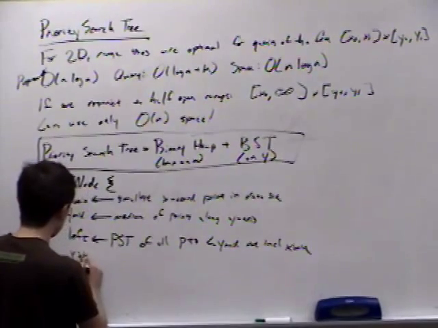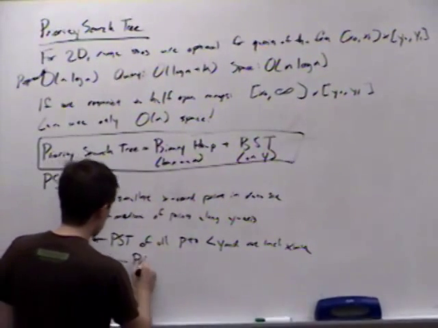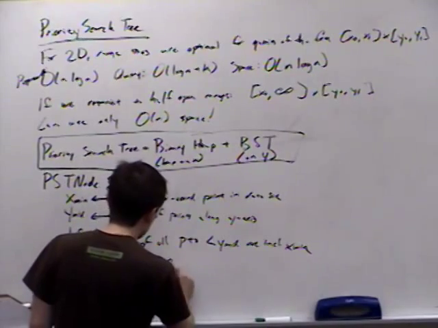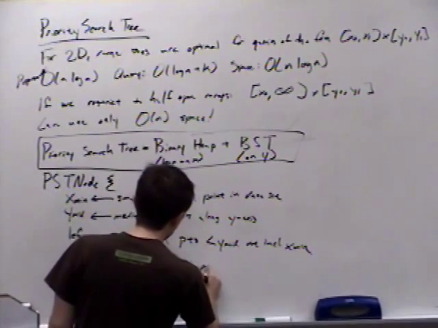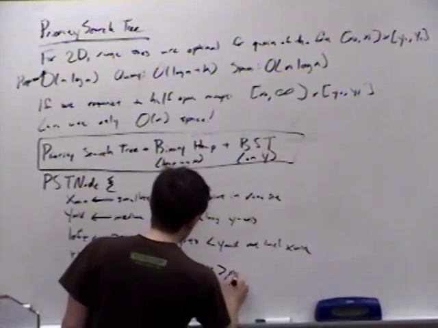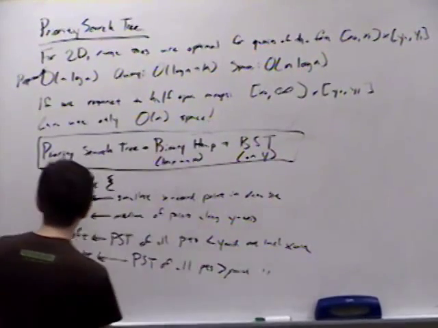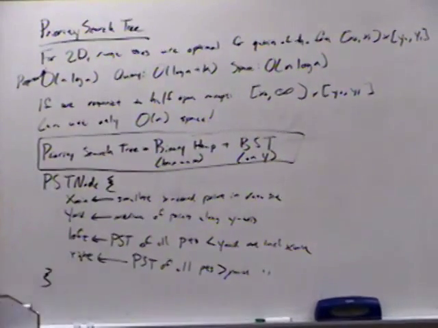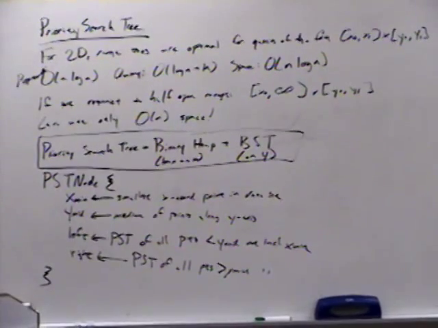And then the right child is going to have the same property, the same idea: all points greater than ymid. That's the basic data structure that we're going to have.